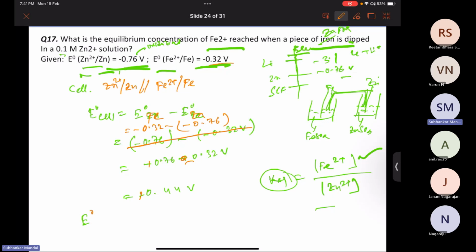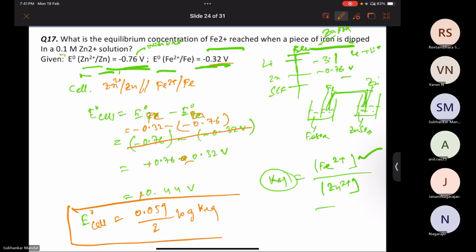So now E cell, what can you write? E cell is 0.059 divided by 2 log of K equilibrium, as it is a 2 electron process. We know E cell is 0.44 volt, so 0.44 equals 0.059 divided by 2 log of equilibrium.